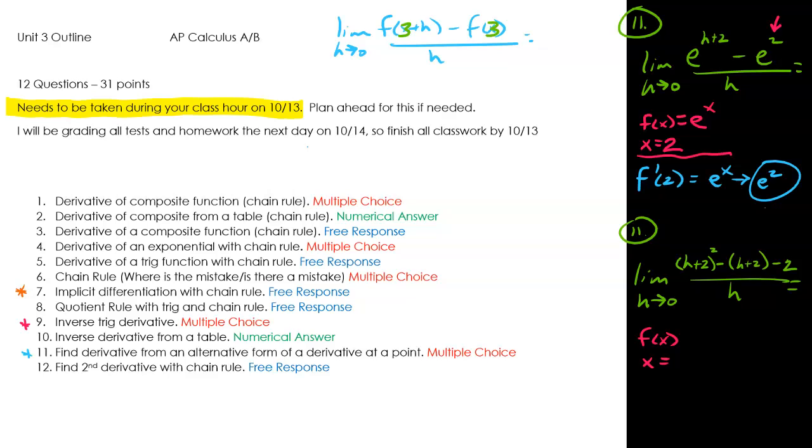Now, number 11, I kind of purposely tried to write because it's harder to see. On number 11, you need to figure out the equation before you can figure out the x value. Up here, it was easier to see the x value because, like, 2 was what was plugged in.